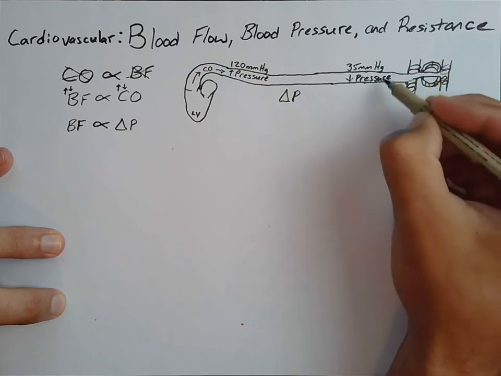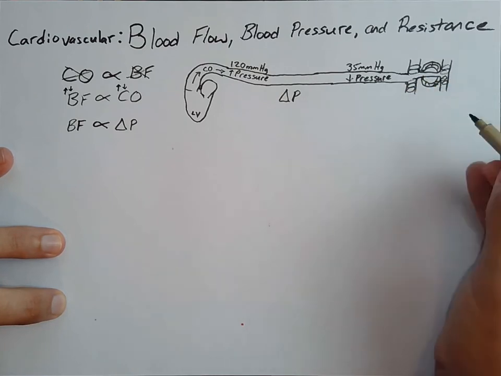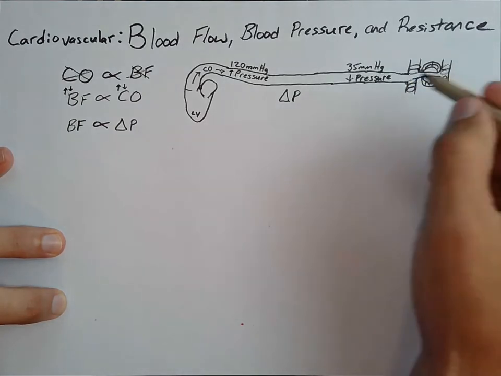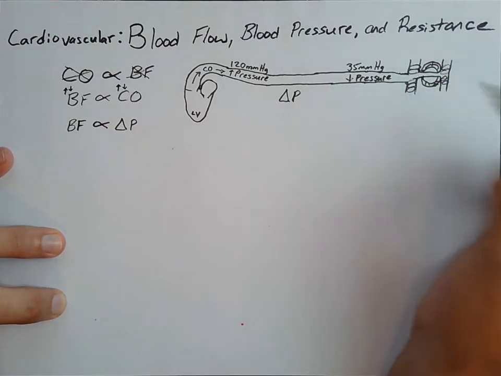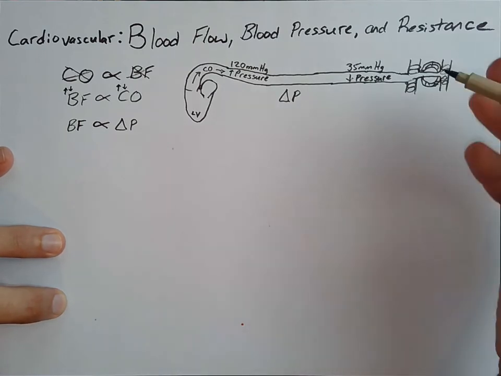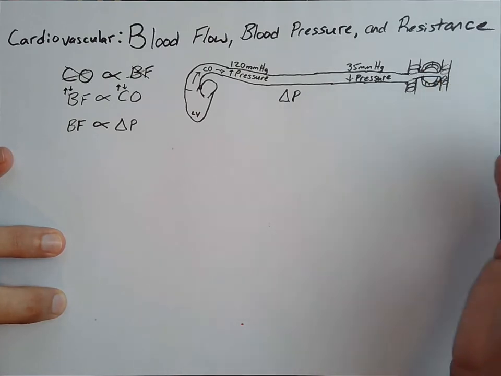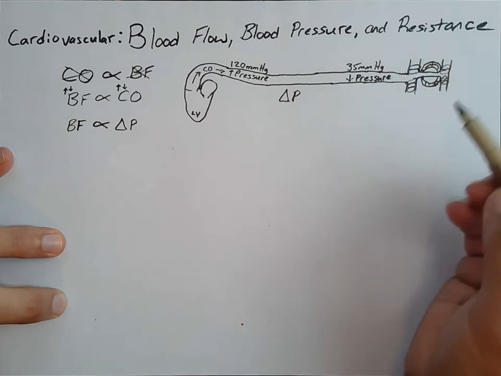And what we're able to do as things get smaller is that's going to start to oppose or interfere with the movement of blood through that tissue. So that's going to start to decrease blood flow through that tissue. And we'll see how that comes back into play. Okay, this is called resistance, which is what we have up here in the title.